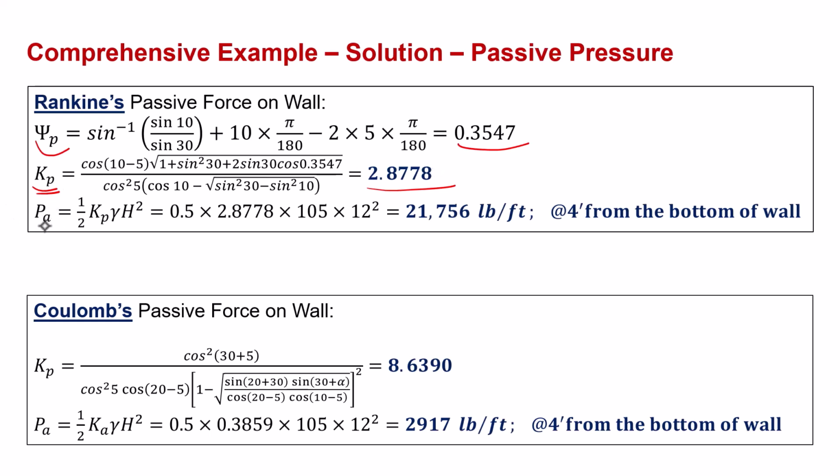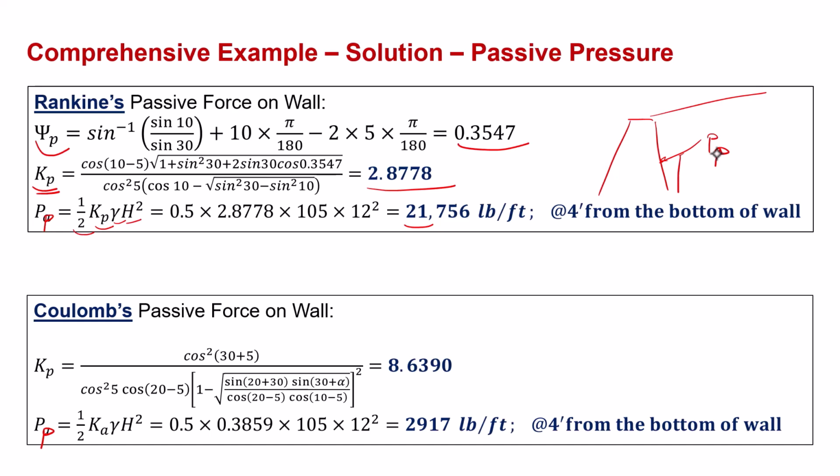And Pp, which is the passive force, would be half of Kp times gamma h squared, which would be 21,756 pounds per foot. And again, this will be applied at 1/3 of the height of the wall from the bottom of the wall. So Pp would be this value.